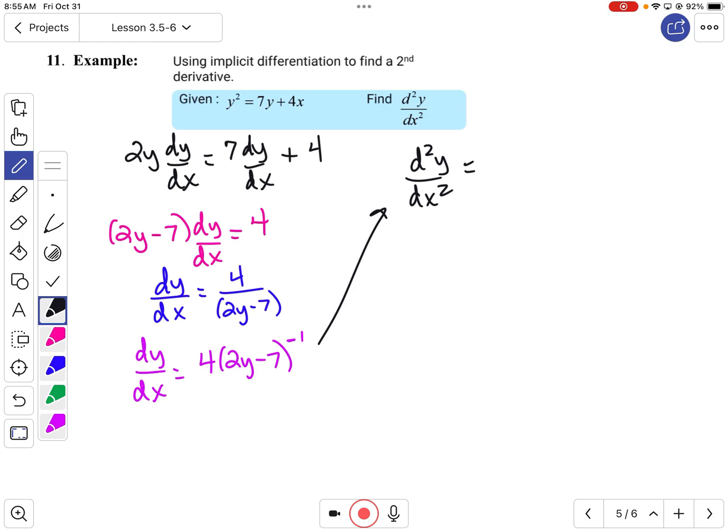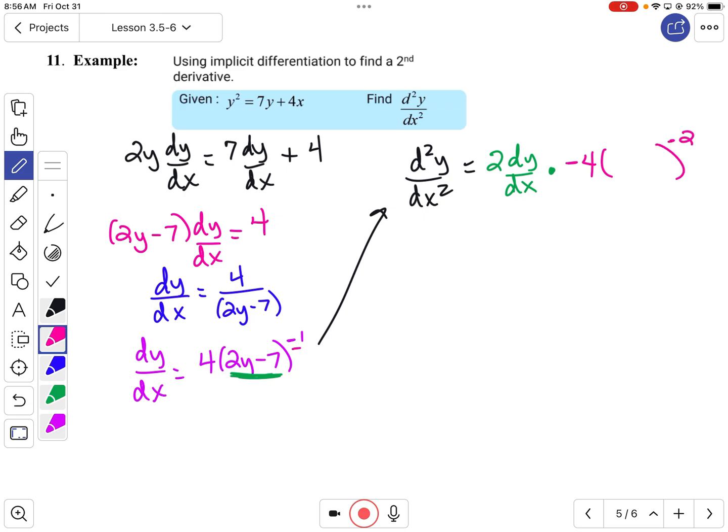Equals. On the other side, that's going to be chain rule, which means I'm going to need the derivative of the inside. What's the derivative of the inside going to be? 2 with a dy/dx, times the derivative of the outside. The derivative of the outside is going to give me negative 1 times 4, which is negative 4. What's my power going to go to?